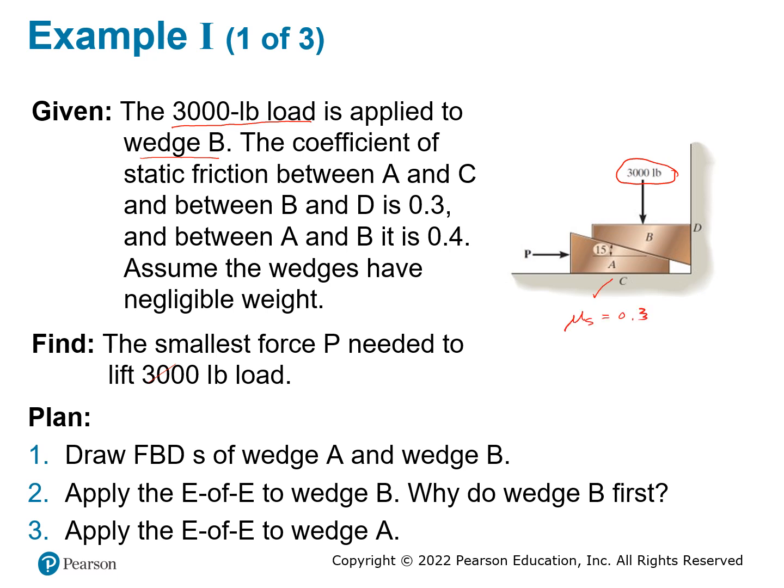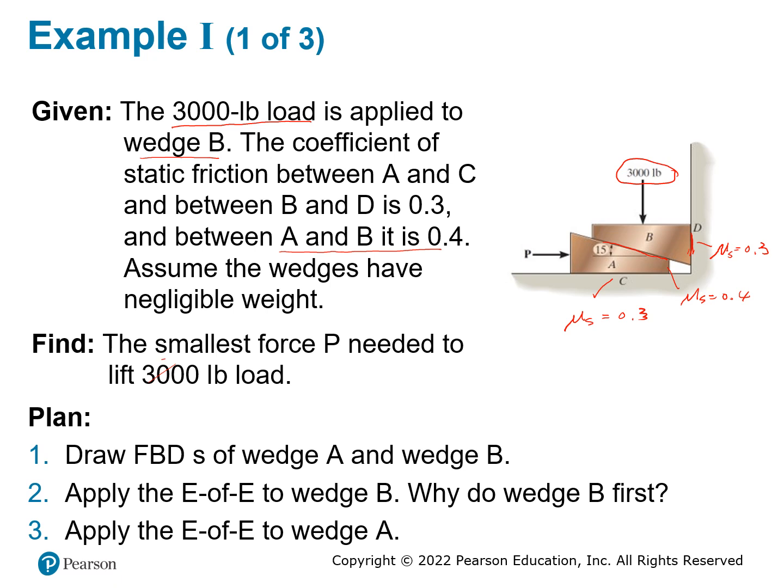And you have a friction between B and D, which is this one here, the wall and the wedge. This one is also equal to 0.3. And between A and B, which is between these two wedges, this one is equal to 0.4.